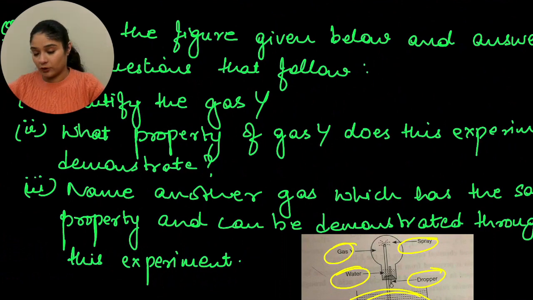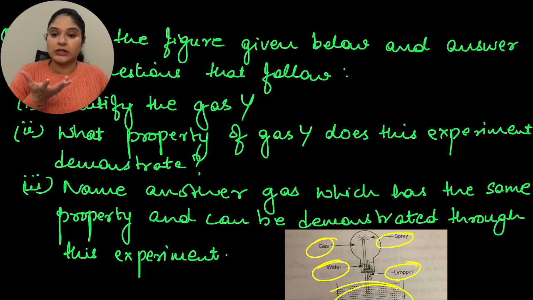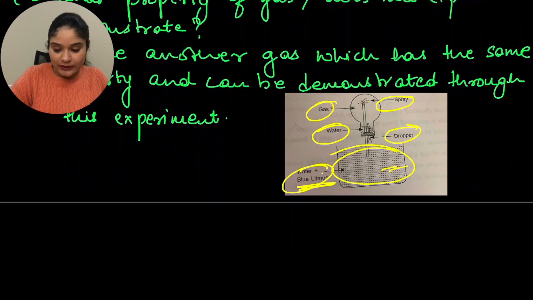The third part of the question is asking, name another gas which has the same property and can be demonstrated through the same experiment or a similar experiment. So that would be ammonia gas, because you can also identify that by using a red litmus solution in the trough, and then eventually you end up seeing a fountain which is blue in color. So let's move ahead to the next question.